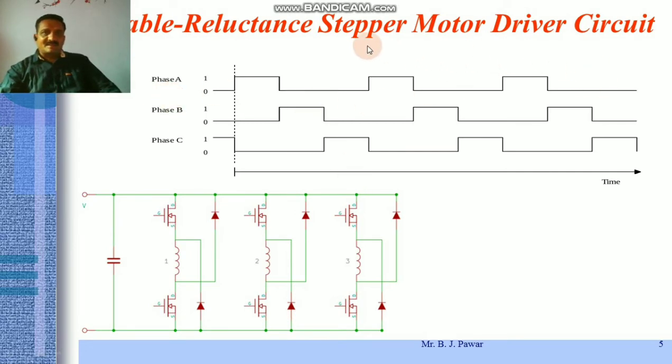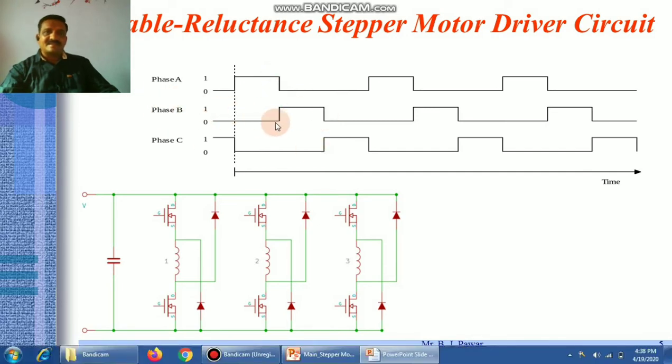Okay, so see here that pulses are shown for phase A from 0 degree onward. When the pulse is applied, the rotor will get shifted by 30 degree. Later phase B is energized by the next pulse as shown. Similarly phase C will energize the coil, that is C and C dash, and hence the total rotation will be 90 degree.